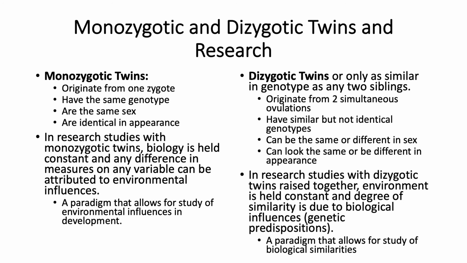So how much is their similarity or dissimilarity the result of the differences in their biology? Because when they're raised together, you're holding environment constant and manipulating biology. So this gives you the ability to do multivariate studies to determine exactly how much the environment affects development and how much biology stabilizes development.